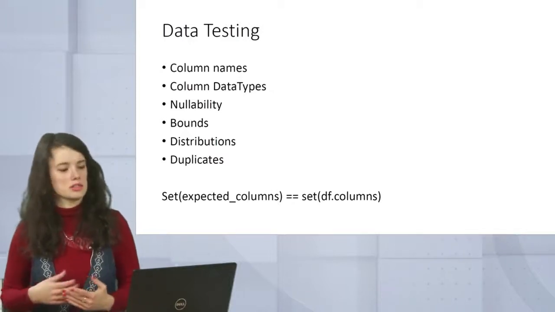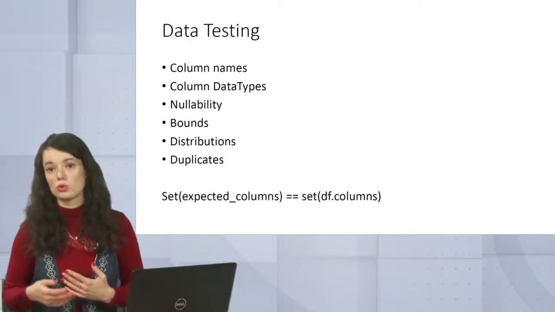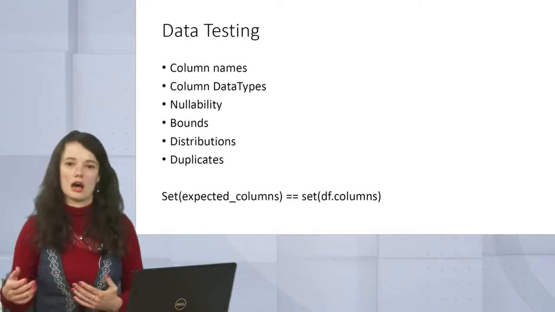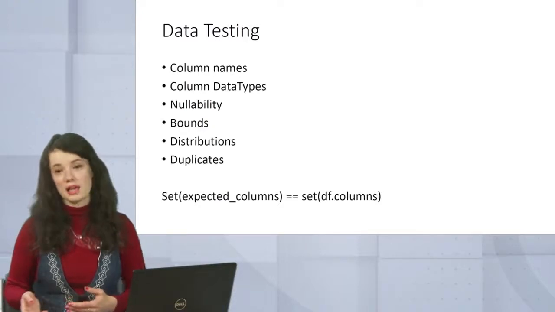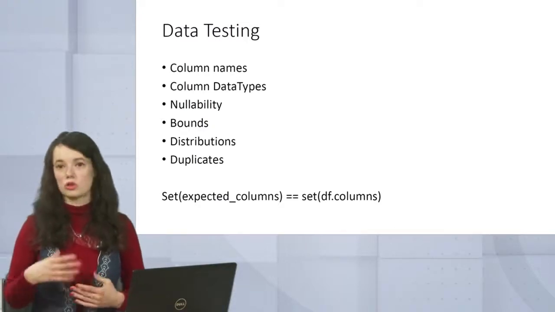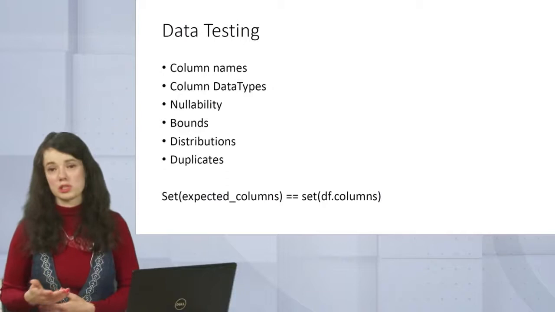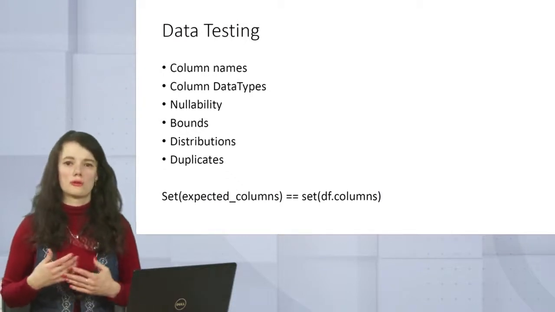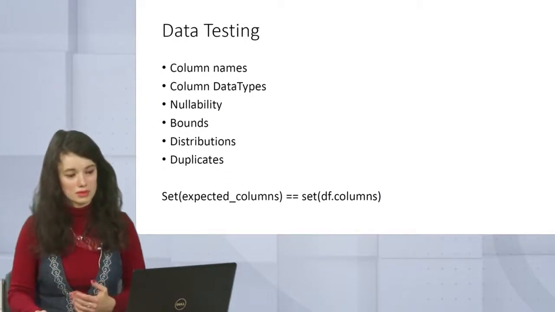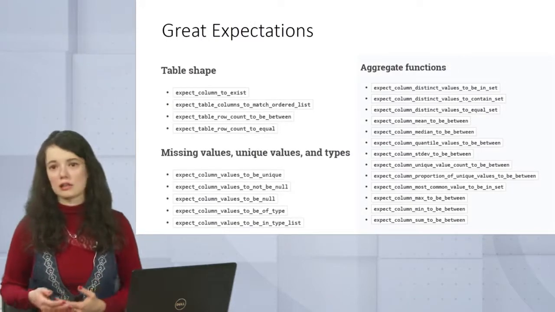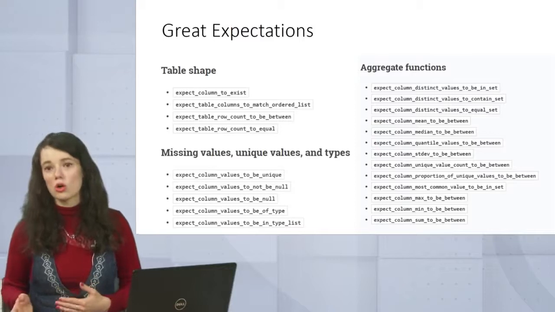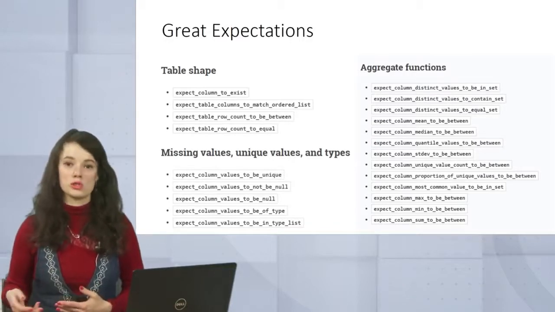For data science, it's very nice to start with data testing. While you are testing your data, you can check column names, column data types, nullability, bounds, distributions, and a lot of different options. You can get inspiration by looking at the library Great Expectations or write your own tests using PyTest.